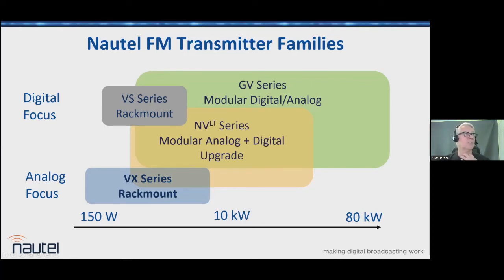The VS has the digital focus now, and the GV spans digital down to analog. The MV light is more popular for analog as well, but can also do digital. Their ranges go up to about 40 kilowatts and 80 kilowatts respectively. So that's where it fits in terms of the Nautel family.